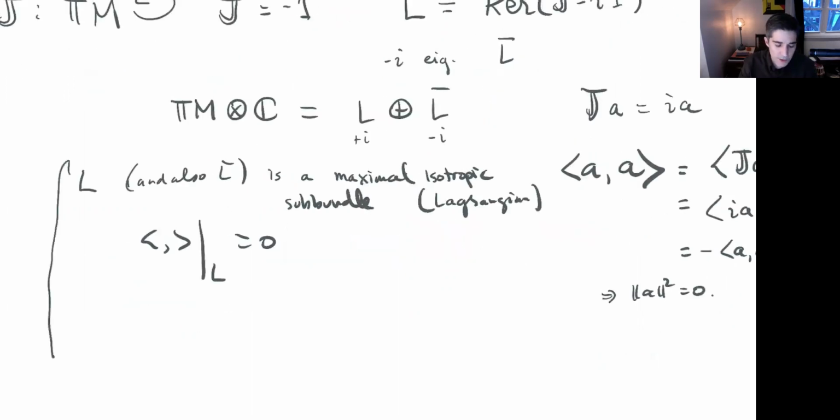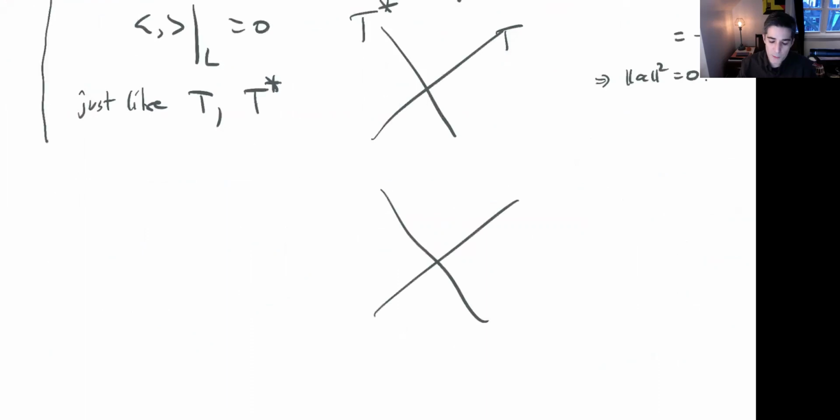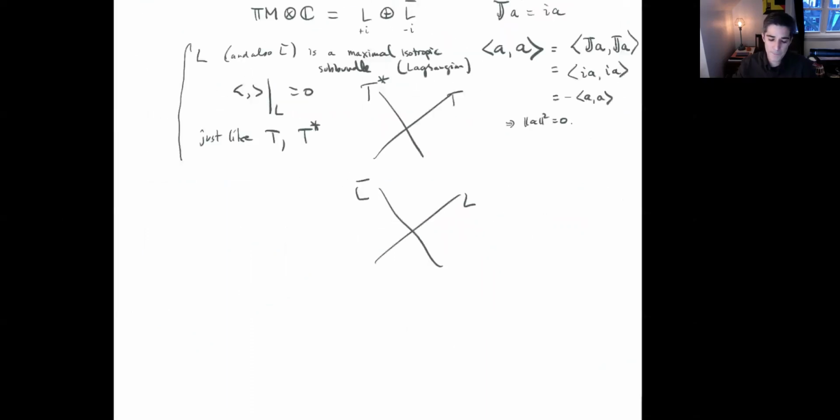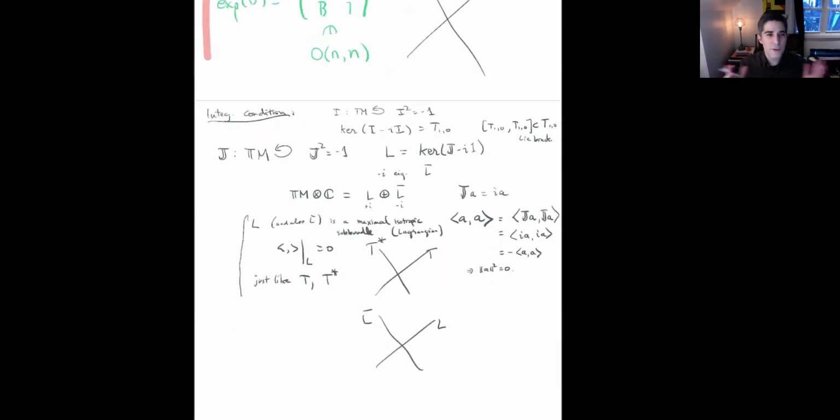This is nothing too shocking. The same thing is true of T and T star. We have T and T star, and we can also decompose it as L and L bar. In a sense, we're changing the basis, using the plus I and minus I eigenspaces, both of which are null, and decomposing the generalized tangent bundle in this way.